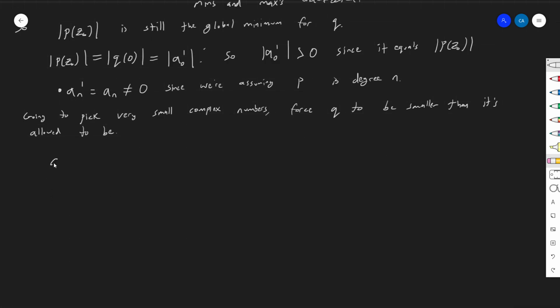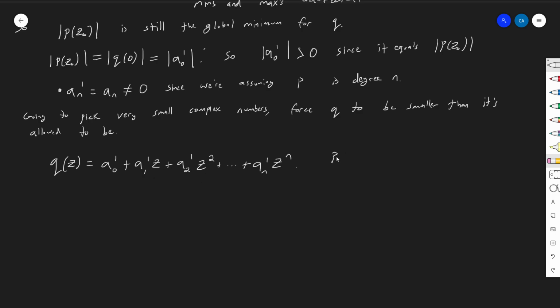So I have that Q of z is equal to a0 prime plus a1 prime z plus a2 prime z squared plus dot dot dot plus an prime z to the n. I know that this is non-zero. I know that this is non-zero. Any of these other guys could be zero. What I'm really going to care about the most is the highest degree z term here that's non-zero.